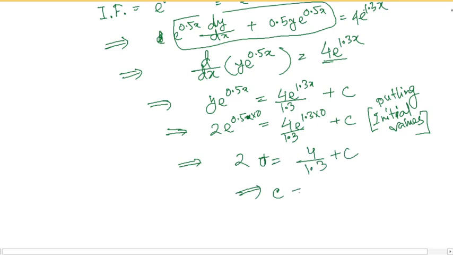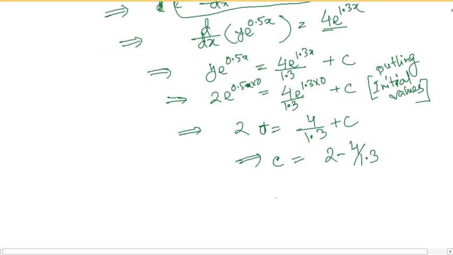So therefore c will equal 2 minus 4 by 1.3, I can write. So that function will be y e to the power 0.5x equals 4 by 1.3 e to the power 1.3x plus 2 minus 4 by 1.3.